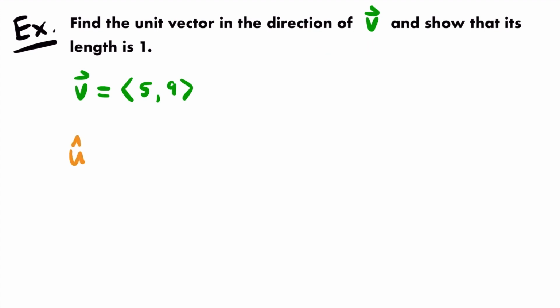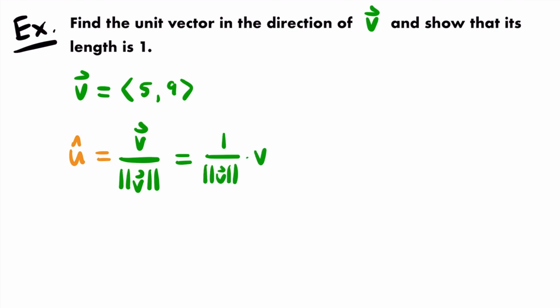The unit vector that we want to find will be equal to the position vector v divided by its magnitude, or the length of that vector. And remember that when you denote your unit vector, like I am right here, you need to use that hat notation. Really what this becomes is a scalar multiplication problem. We're just going to have 1 divided by the magnitude of v multiplied by vector v.